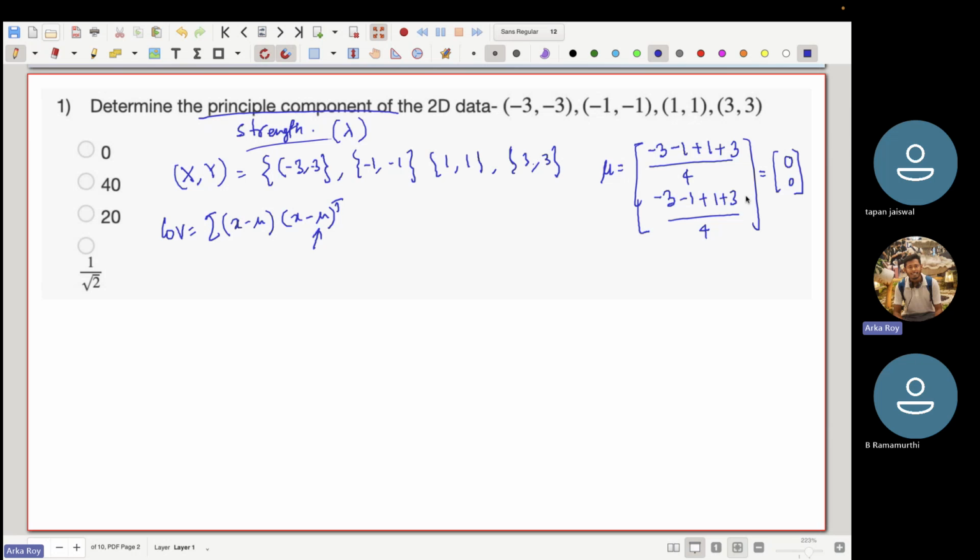Now we have to calculate the covariance matrix. Because we have 4 different data points, we have to carry out the multiplication of x minus mu and x minus mu transpose 4 times.